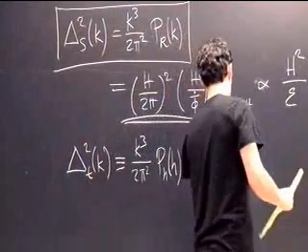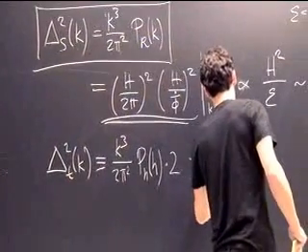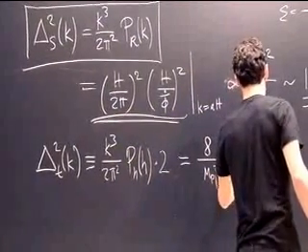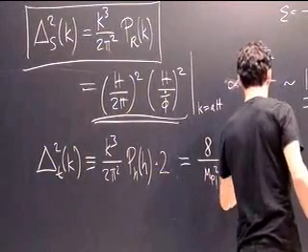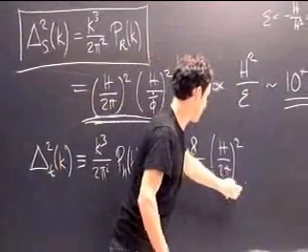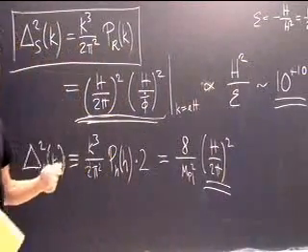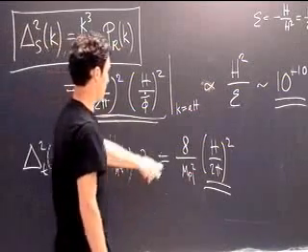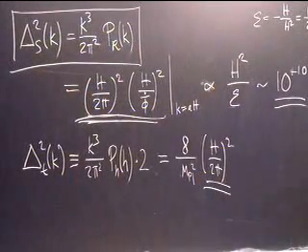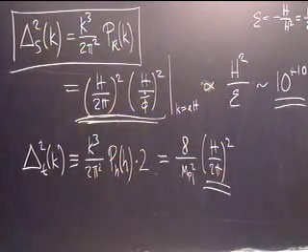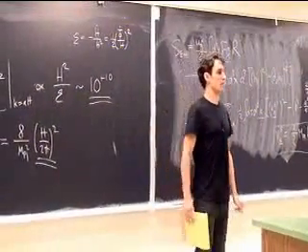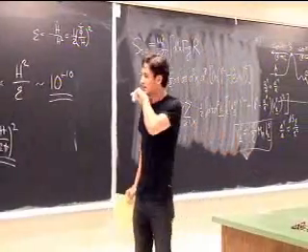And then what you find is 8 over M Planck squared times (H over 2 pi) squared. So the H over 2 pi is exactly the same, basically the identical power spectrum that we calculated last time. And then the 8 over M Planck squared is because I have an M Planck over 2 here, so this one inverted and squared gives us 4. And then a factor of 2 because I have 2 polarizations.